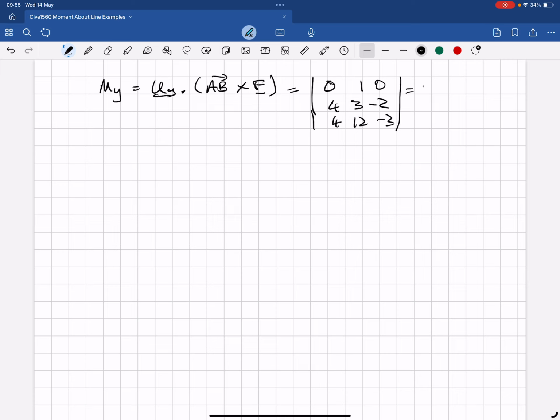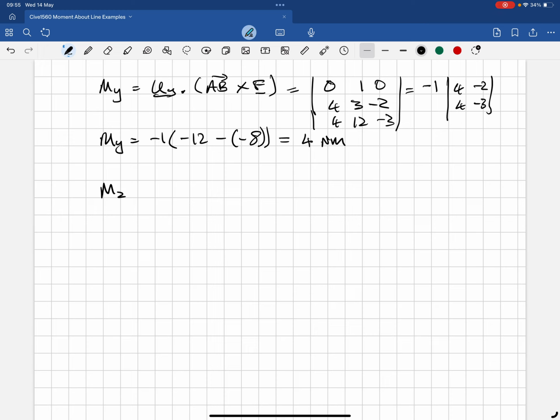And this will be minus 1 times determinant of 4, minus 2, 4, minus 3. And we can expand that to My equals minus 1 times minus 12 minus 8, which equals 4 Newton meters.